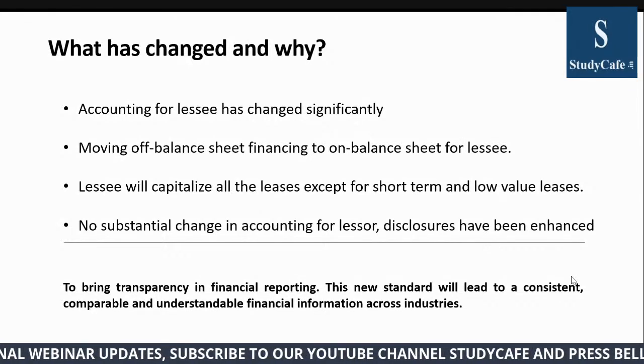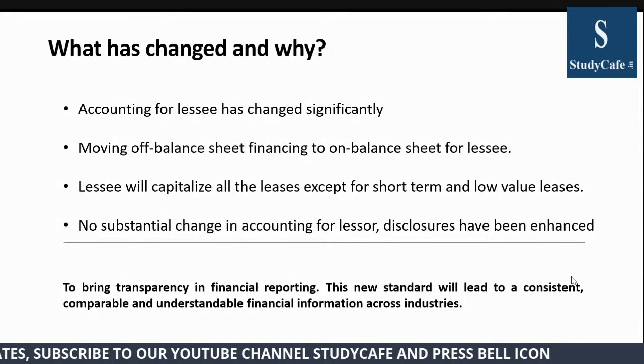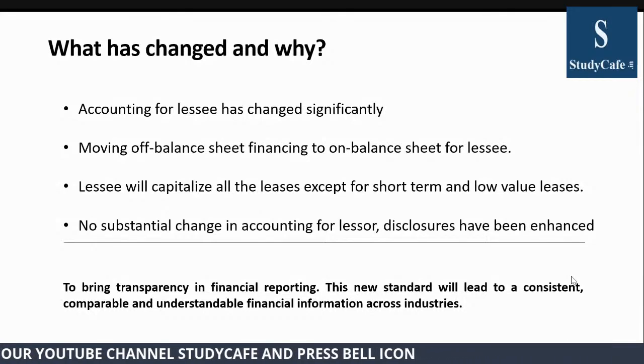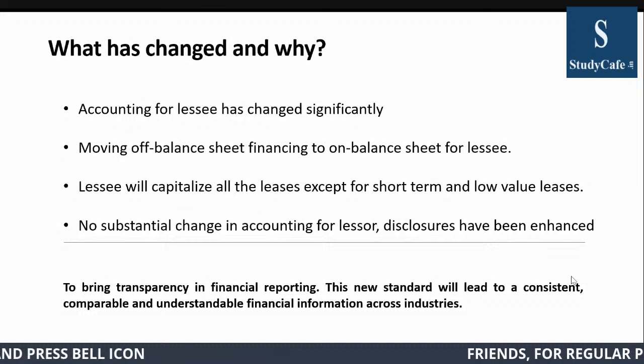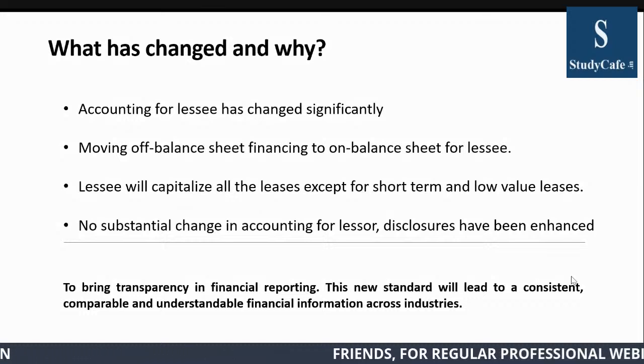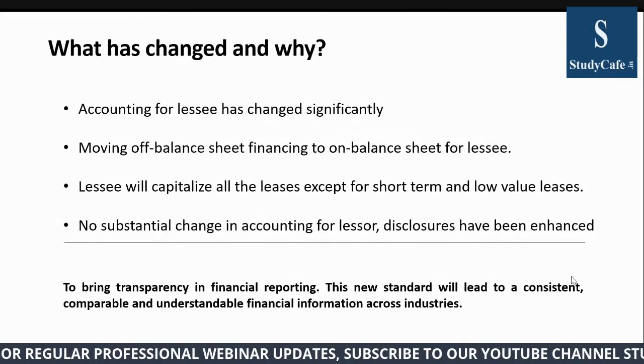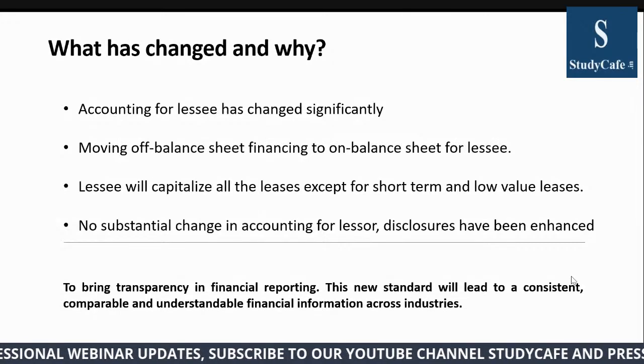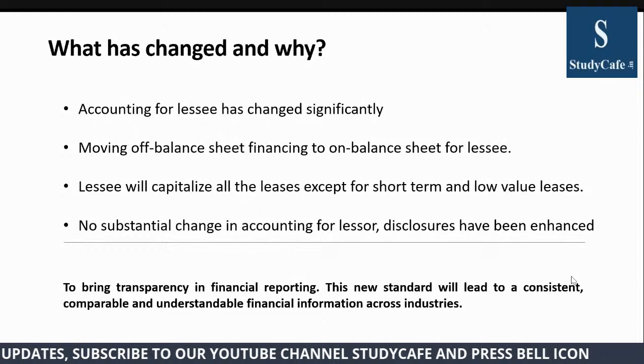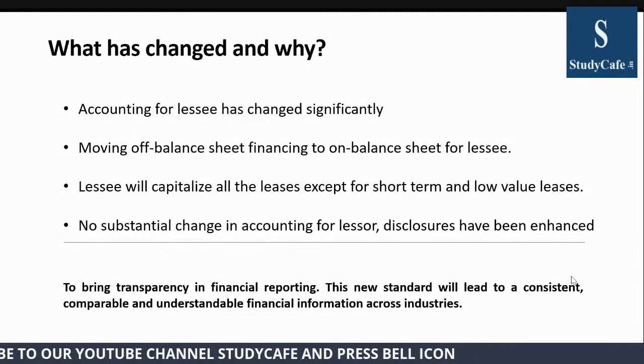So basically, they have to show an asset in their balance sheet for almost all the leases and have to show a liability for almost all the leases. There are certain exceptions for short term leases and low value leases, but more or less the majority of the leases will now be capitalized and brought from off balance sheet to on the balance sheet.